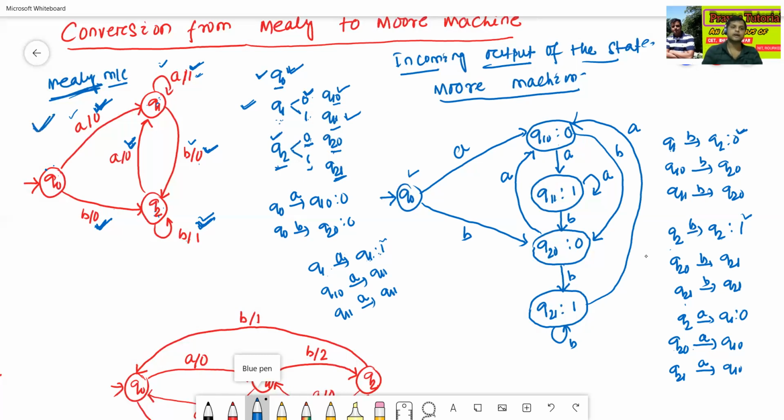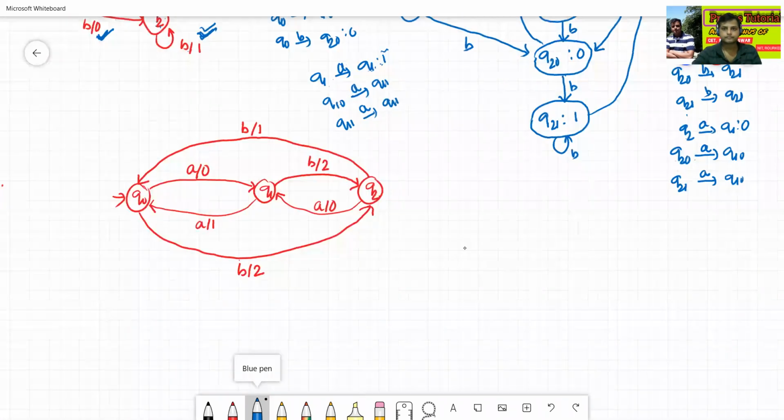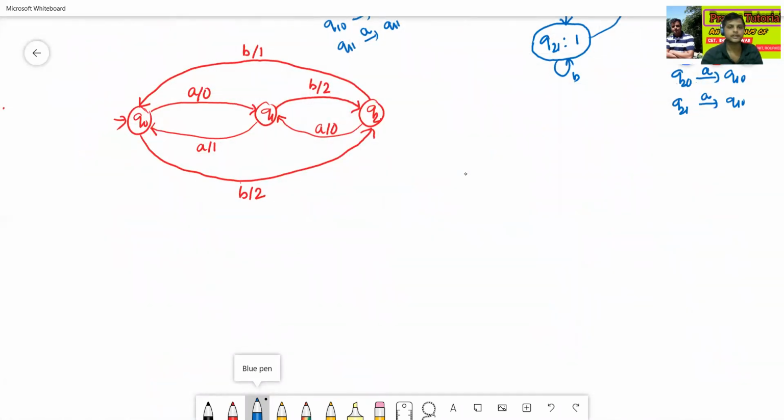Okay, now we'll see one more question. This is question 2. See here, for the Q0 state, the Q1 state, and the Q2 state. For Q0, the incoming outputs are 1 and 1, so only one incoming output.